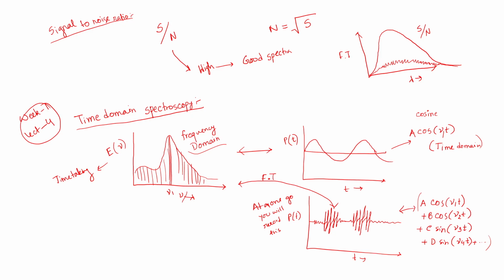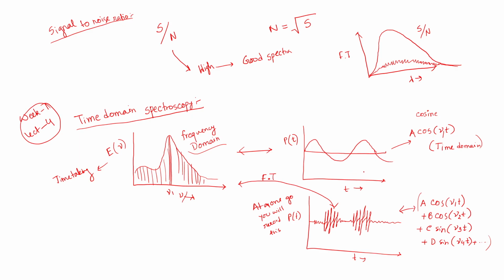What about resolution? Will resolution be better in time domain spectroscopy or frequency domain spectroscopy? What do you think? Actually, resolution will be better in time domain spectroscopy. As you can see, this is called an interferogram, where you get this kind of spectra.